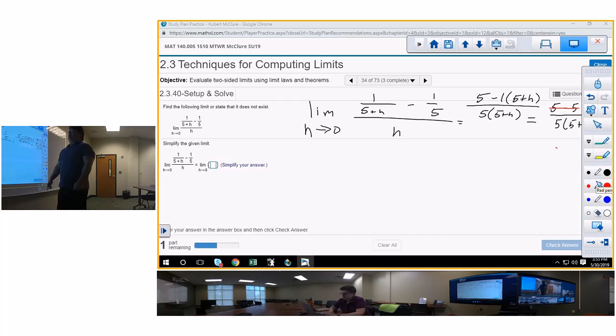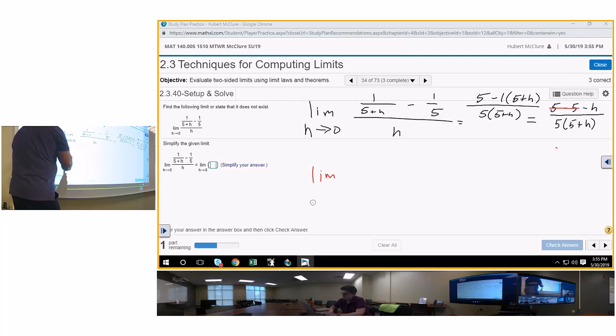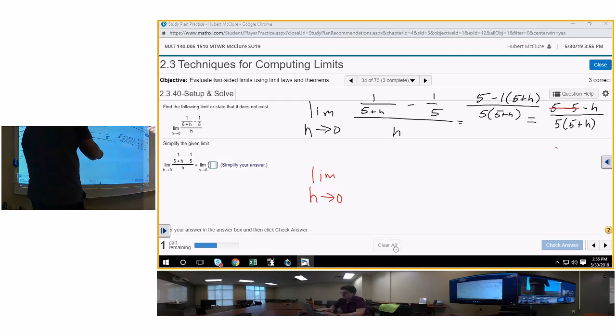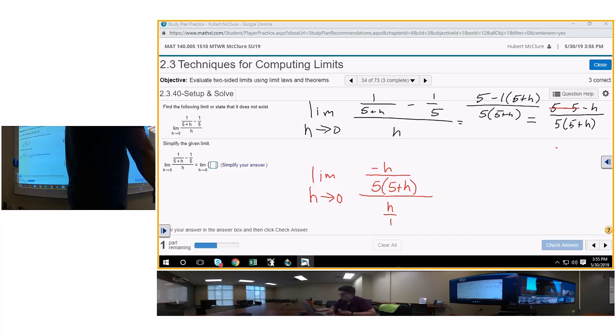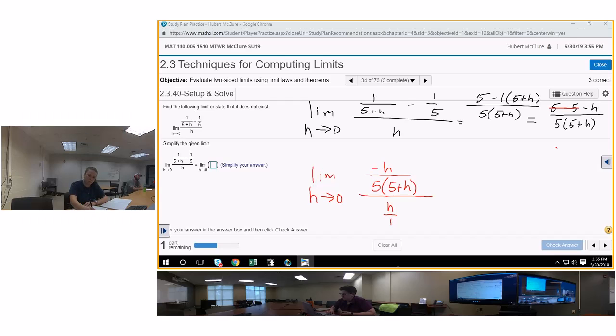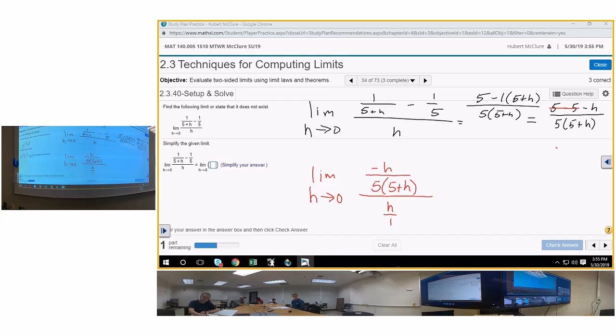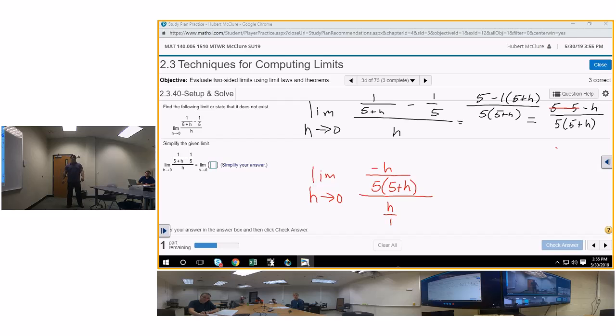Now I'm going to go down here, and I'm going to rewrite it. Limit as h approaches 0 of, and I'm going to rewrite my new numerator, negative h over 5 times 5 plus h divided by h over 1. Now, why did I change that to h over 1? Because if I divide a fraction by a fraction, I have to multiply by the what?